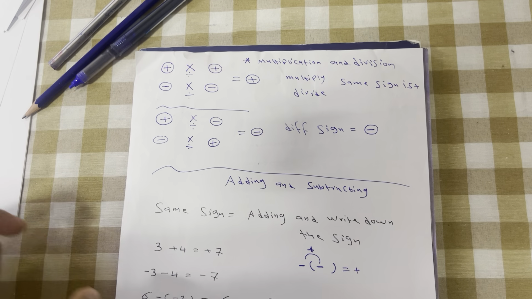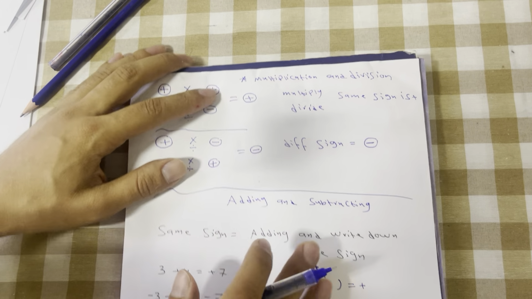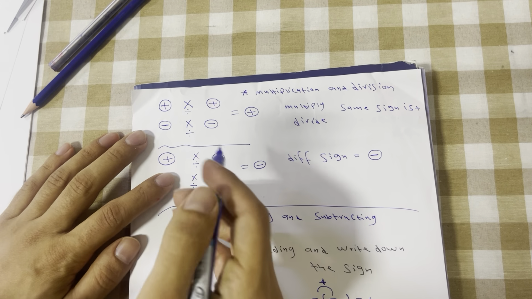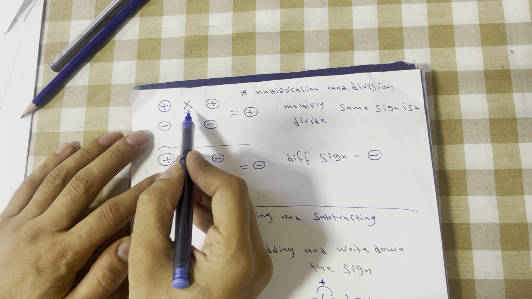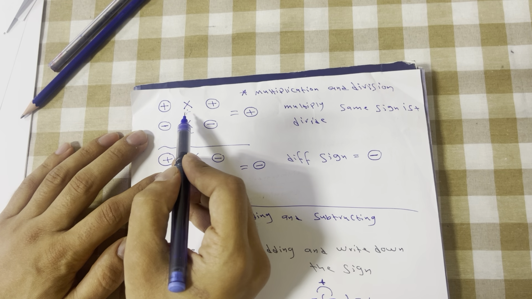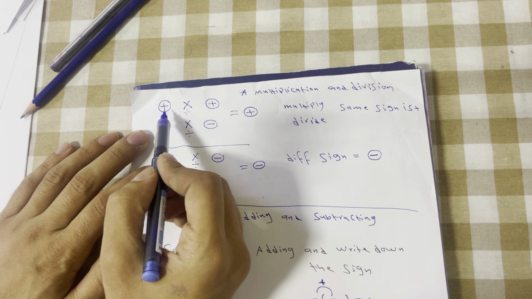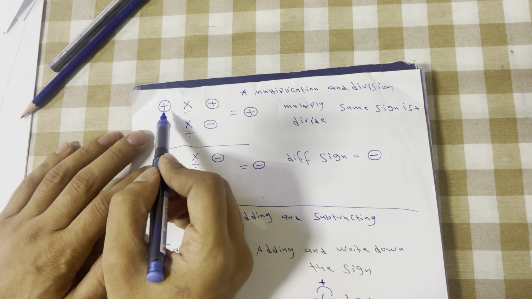Look at here. We have to have information about this when we have multiplication and division.